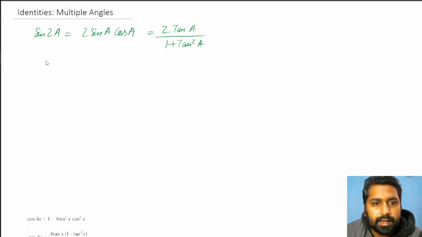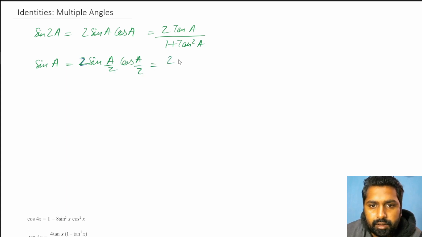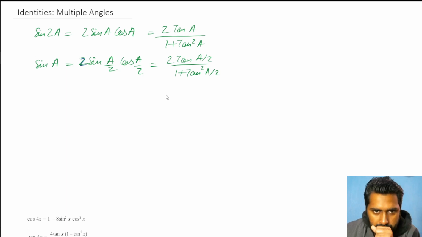Now this is sine 2a, and I'm writing sine a also. Suppose you have to convert sine a into half angle. Basically what is happening here is that this angle 2a is becoming half. So if I want to break any angle in half, I have to use this property. So sine a, if I want to break in a half angle, I can write as 2 sine a by 2 cos a by 2, and this will become 2 tan a by 2 upon 1 plus tan square a by 2.